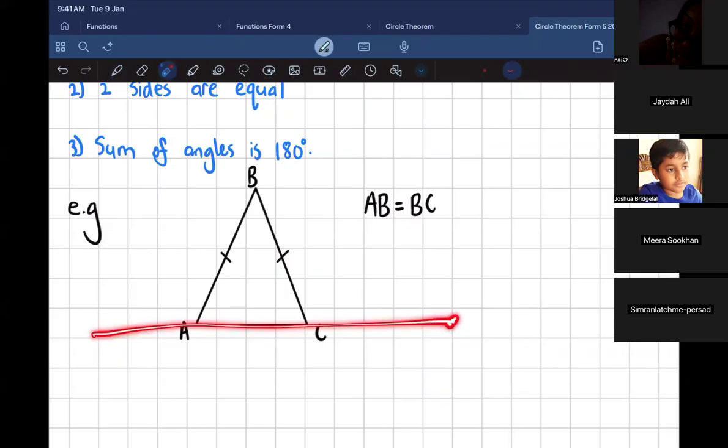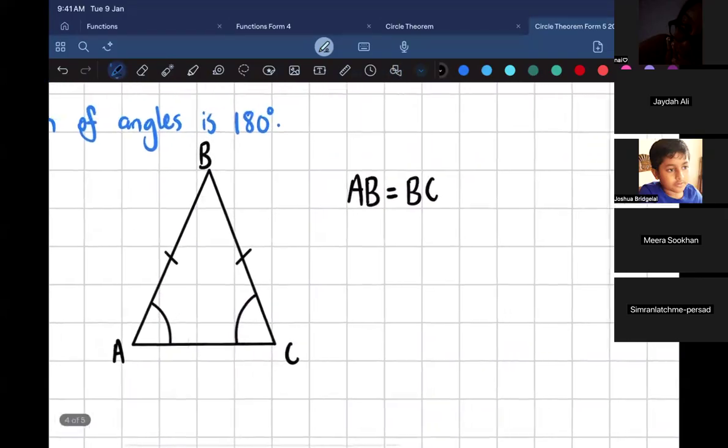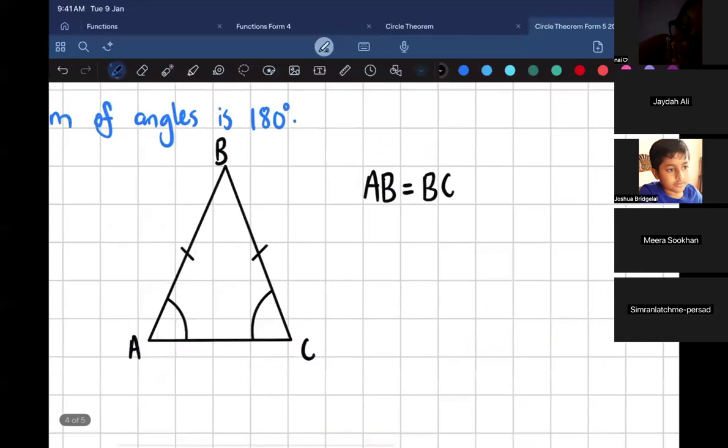A and C. Right. So the base angles would be this angle over here and this angle over here. These are the base angles, and they're supposed to be equal. So I would say angle A is equal to angle C, and in CXC they wouldn't say it like that.